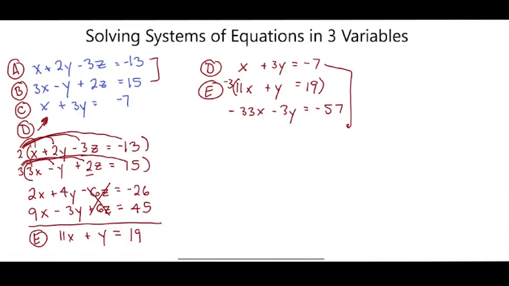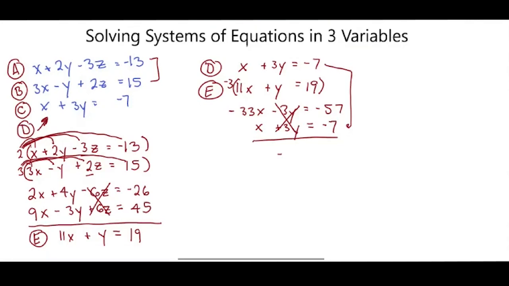All right, now I'm going to bring my D equation down here. So that is x plus 3y equals negative 7. Cross off those that cancel, and now I'm looking at negative 33x plus 1x.